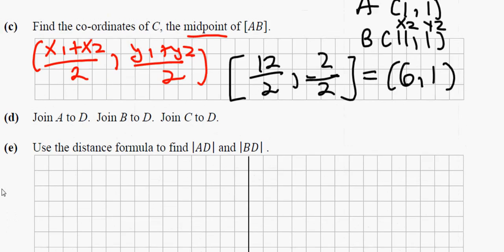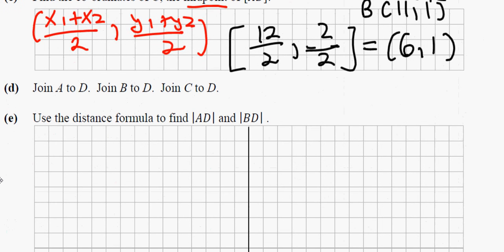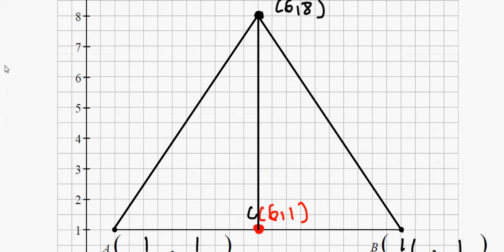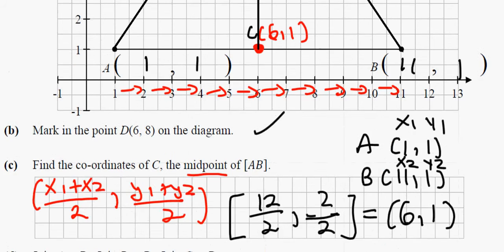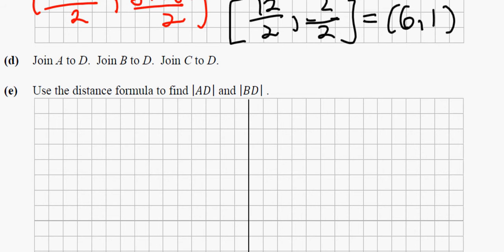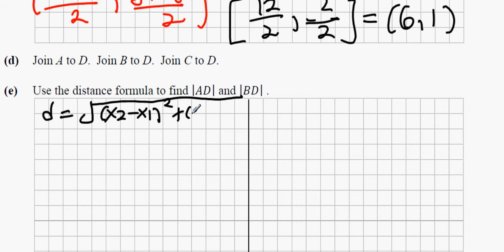Use the distance formula to find AD and BD. So let's see what AD and BD are. We're going to have to use the distance formula, and you're going to check this in your tables. D equals the square root of x2 minus x1 squared plus y2 minus y1 squared.